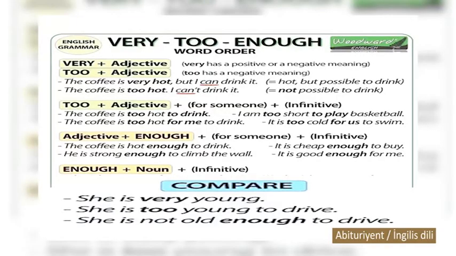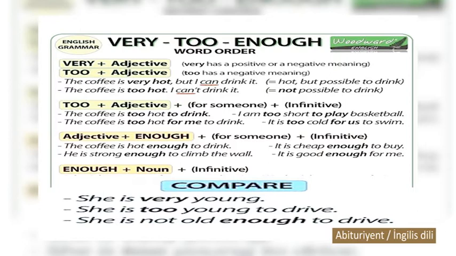And "very", "too", "enough". What do they mean? And what about the usage of them? They are the three words that are very easily confused by our language learners or by our students. Too, very, and enough.